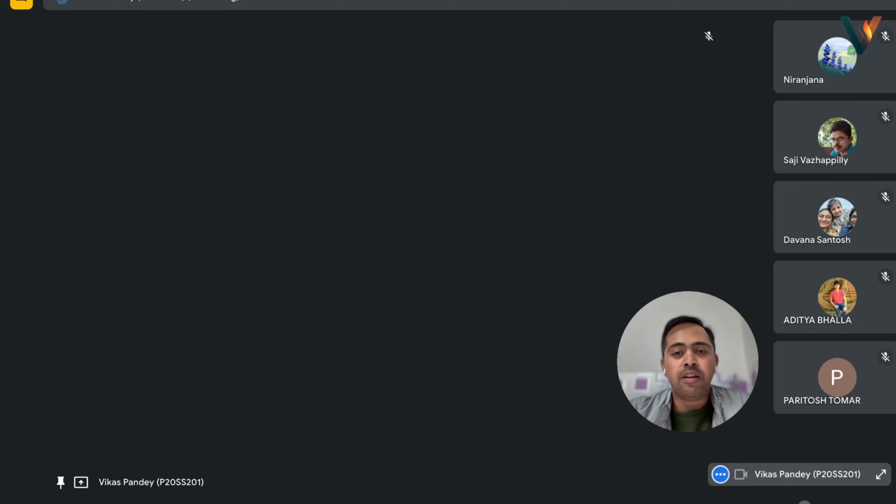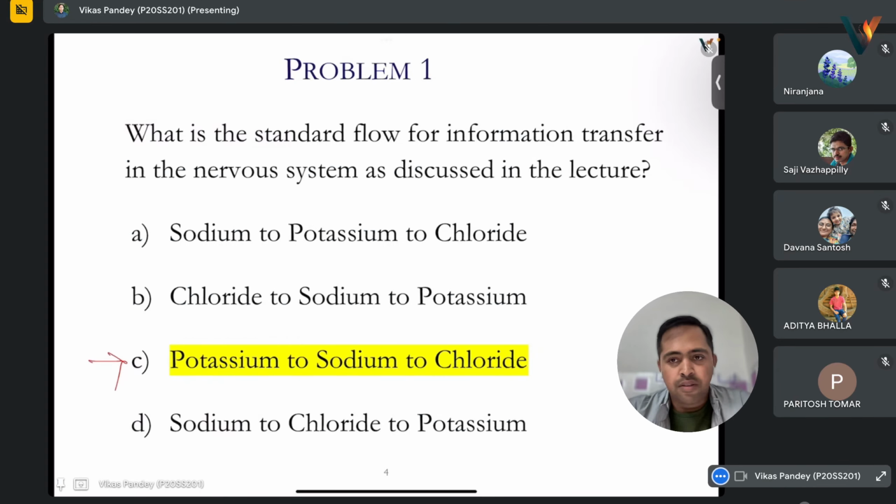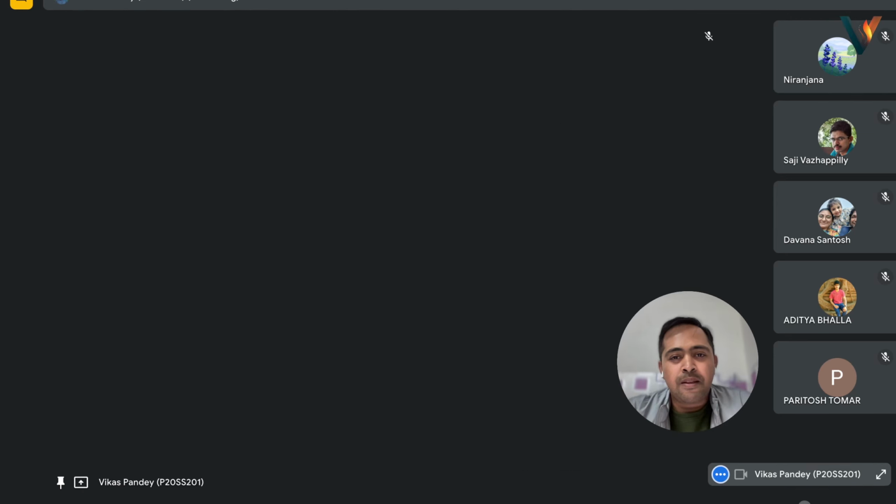Would anyone like to explain? The action potential part has been explained clearly, but there is some change. So how is the information flow occurring in the nervous system? What is the sequence?